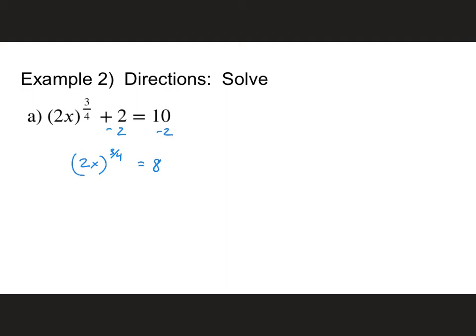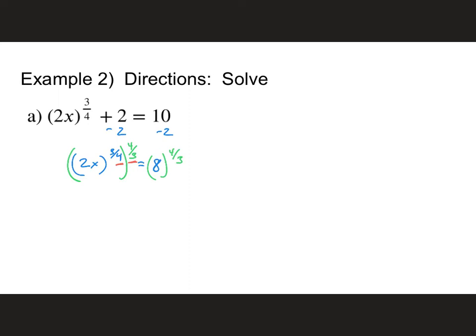All right, now it's time to undo this exponent. Well, here's the trick. What we're going to do is raise both sides to the 4/3 power. Now, why to the 4/3 power? I want you to remember what the rule of exponents says. If you have a power raised to a power, like we do in this particular problem, you multiply the exponents.